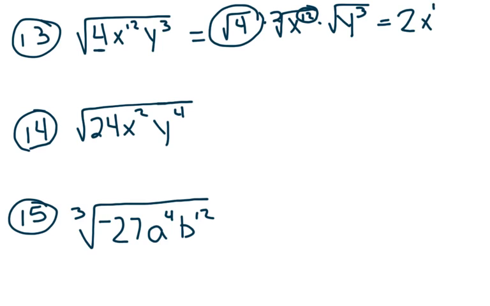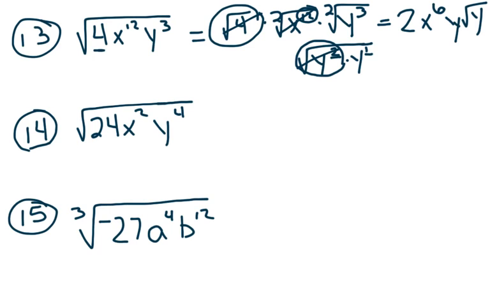That gives me x to the 6th. Okay. Can I divide 3 by 2 evenly? No, I can't. So I'm going to do a y squared, and I need 1 more y to make 3. 2 plus 1 is 3. So the square root of y squared is y, and that leaves a y underneath the radical. Okay, that's our final answer.